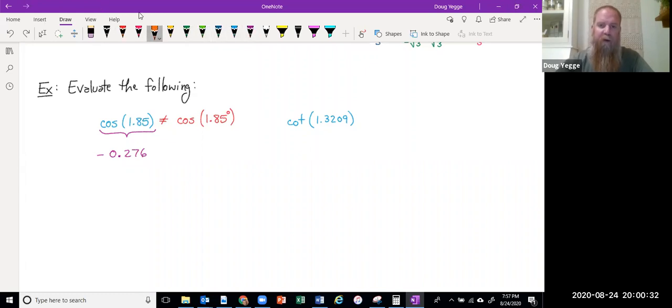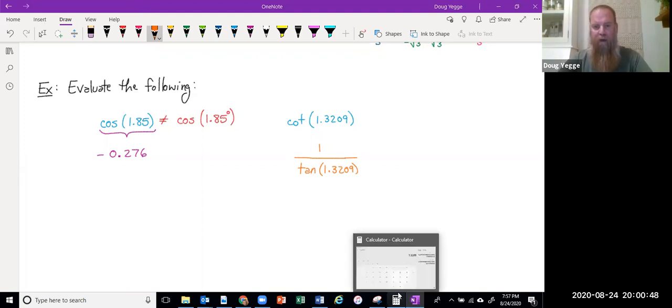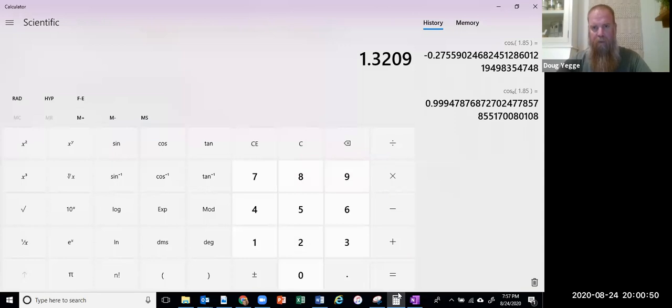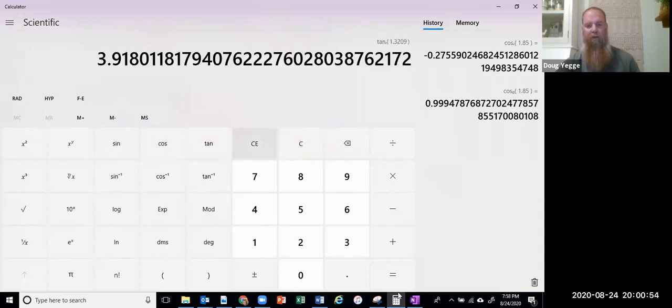So let's first start off by changing this into 1 over tangent of 1.3209. The reason this is beneficial is because I have a button for tangent. So if we go back to our calculator, now I've got the radian measure of 1.3209, and there's my tangent value.